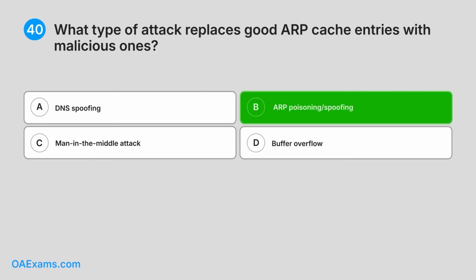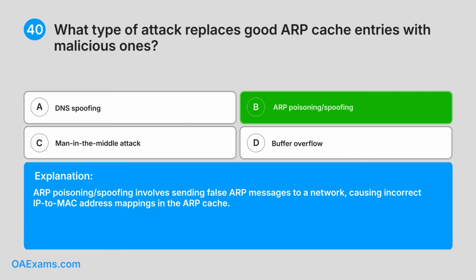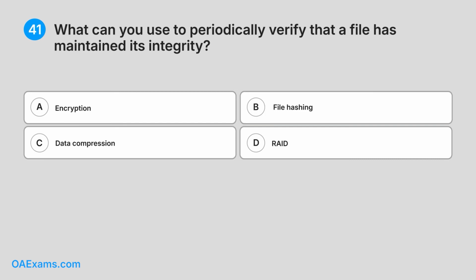B. ARP poisoning/spoofing. Explanation. ARP poisoning/spoofing involves sending false ARP messages to a network, causing incorrect IP to MAC address mappings in the ARP cache.